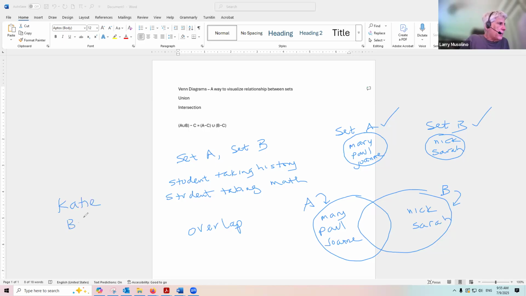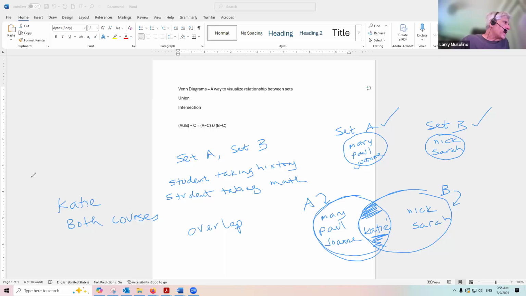So Katie is taking both courses at the same time. Well, I want Katie to be in circle A and circle B simultaneously. Well, this part right here at the intersection, Katie would go here. Because notice Katie is in both circle A and circle B simultaneously. So that's the way you can visualize these relationships between two sets.